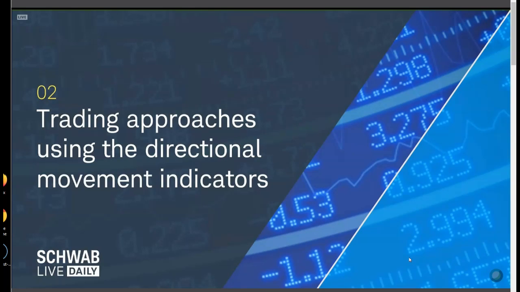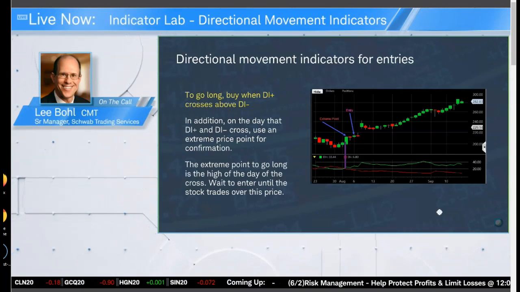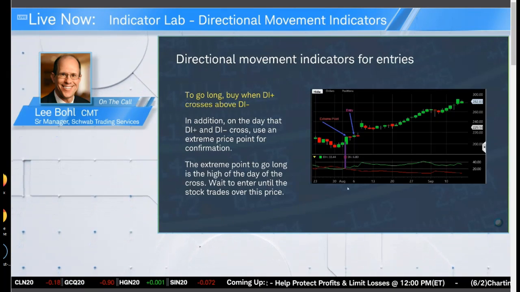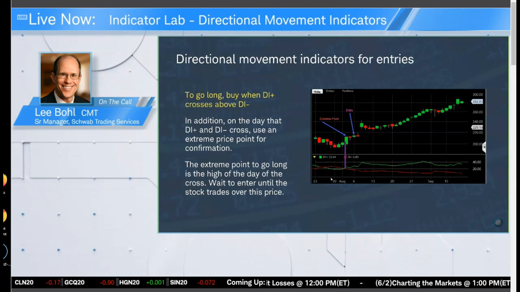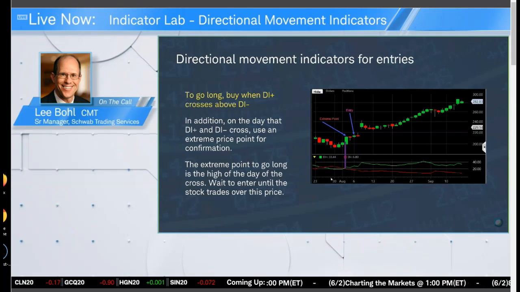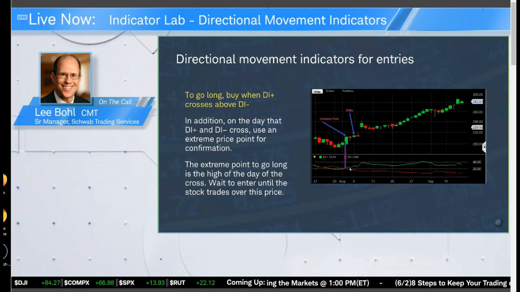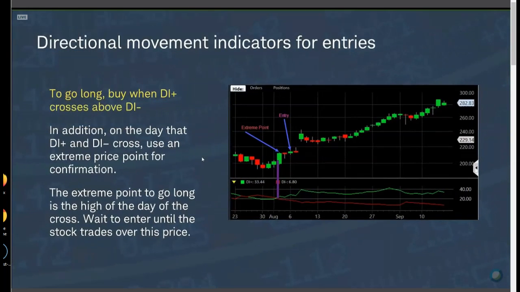Now, let's go over, though, as I said, it's a trend following system. Let's go over how Mr. Wilder actually set up the system. Okay. There's different parts to it. So the first is to go long in a trend following manner. You're going to look for the positive DI line, which is generally green, to cross above the negative DI line, which is generally red.